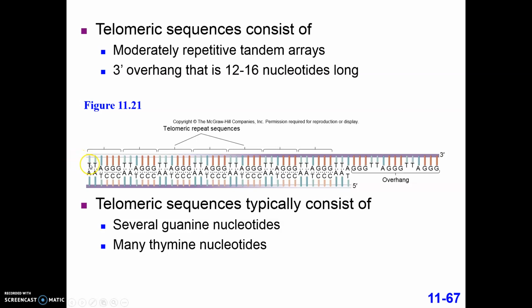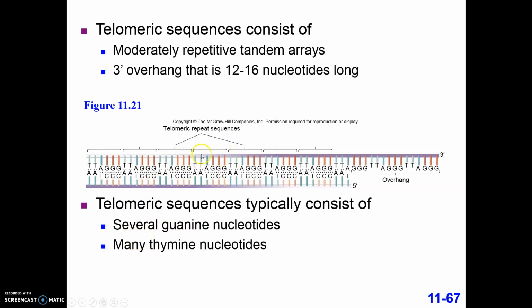So here we see a TTA GGG, TTA GGG, TTA GGG, and you see this happening multiple times. But you'll also find that you'll have a 3' overhang extending about 12 to 16 nucleotides long. These sequences are always rich in guanine and also tend to be fairly thymine rich as well.